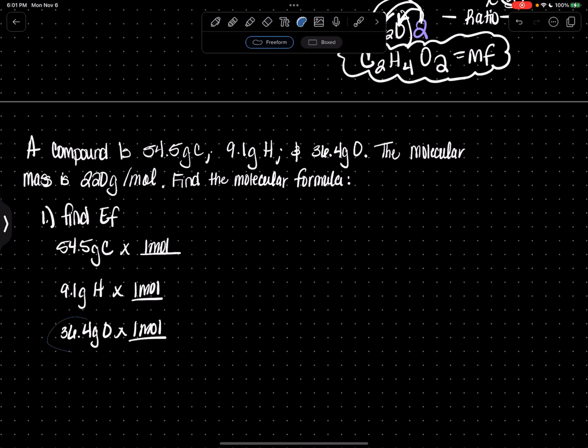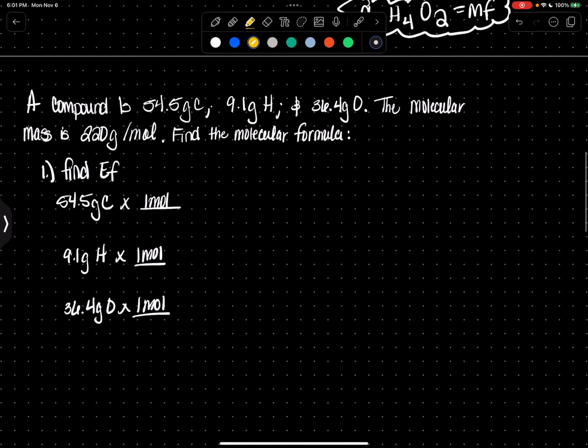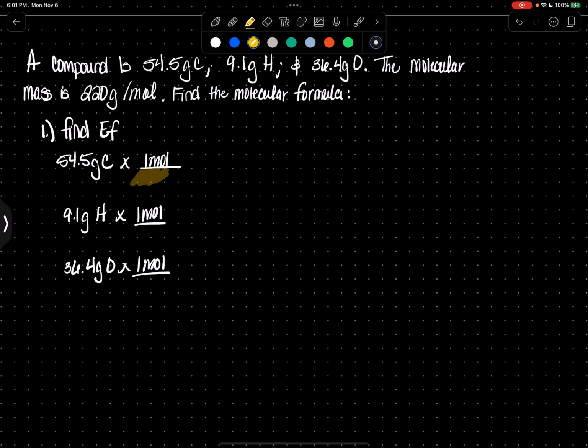And give myself some more room here. There we go. I like that better. Now we all know what goes down here, but I'm going to give us a second to find it on our periodic tables.